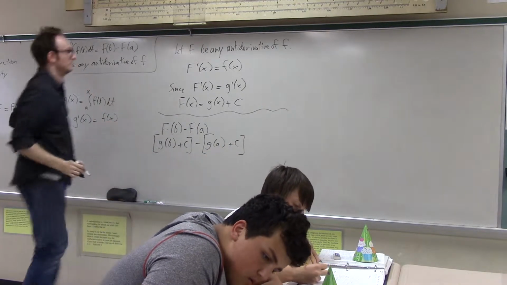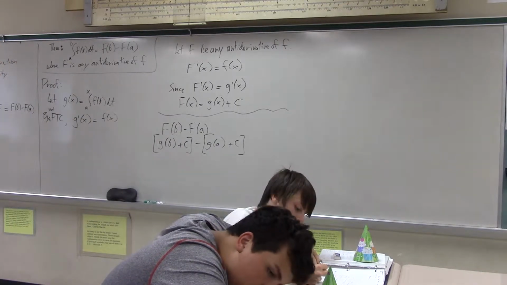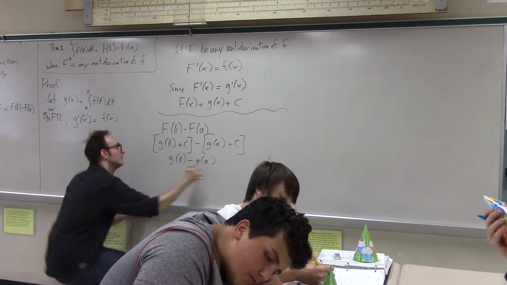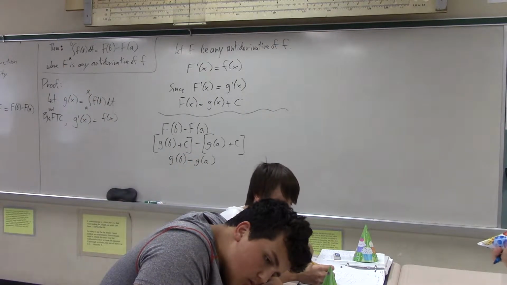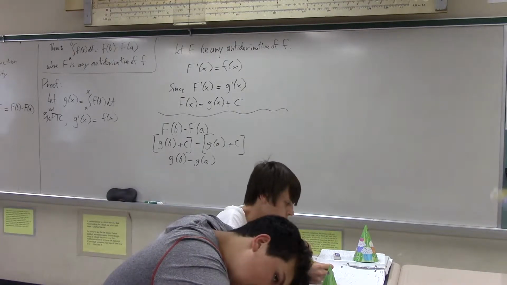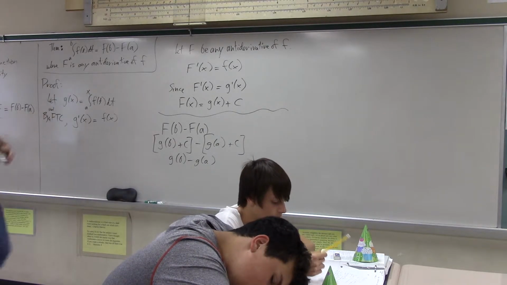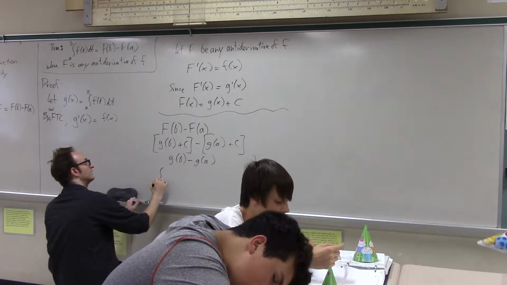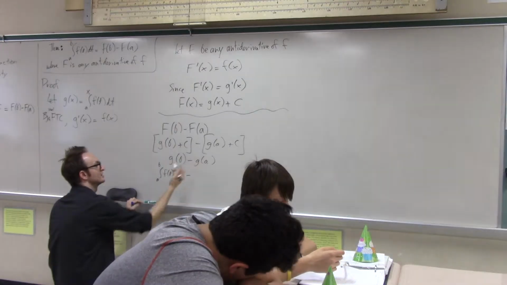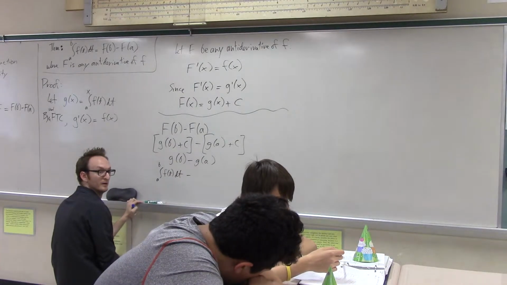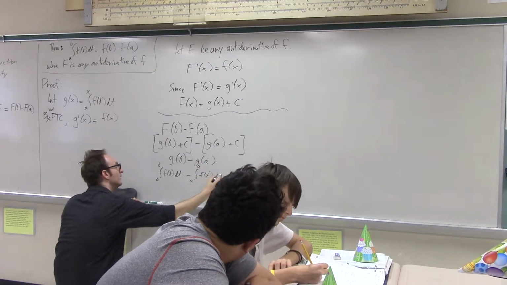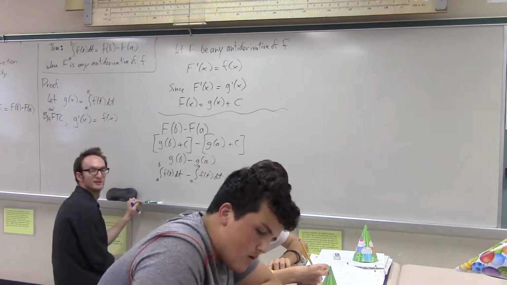The c's cancel. So it's just g of b minus g of a. What is g of b? That thing, the integral from a to b of f. And g of a is zero.